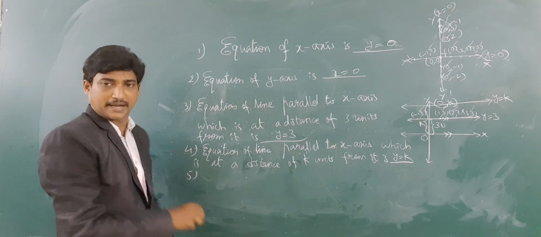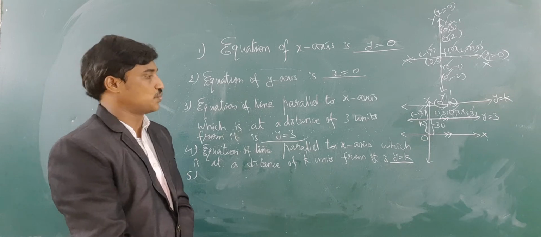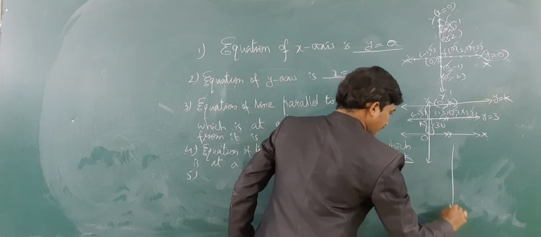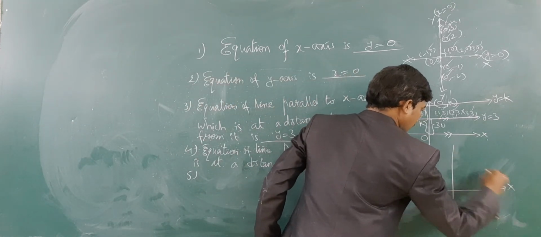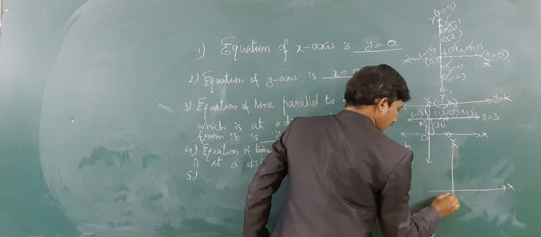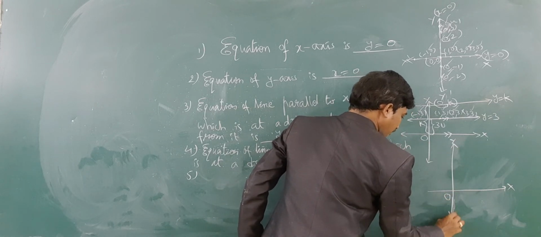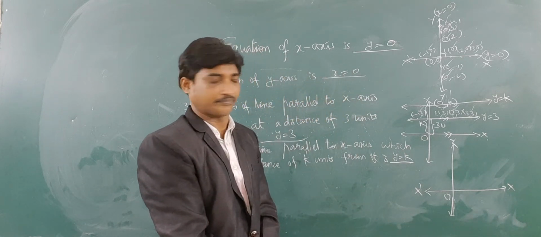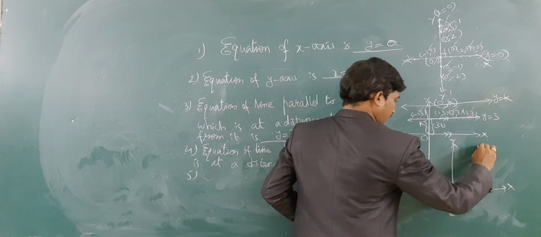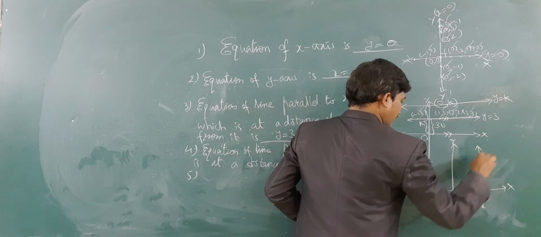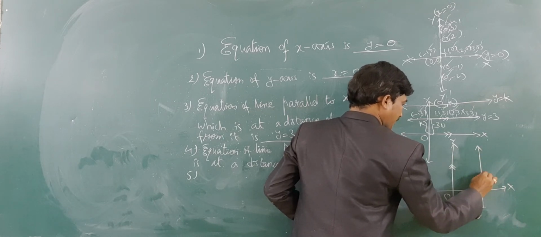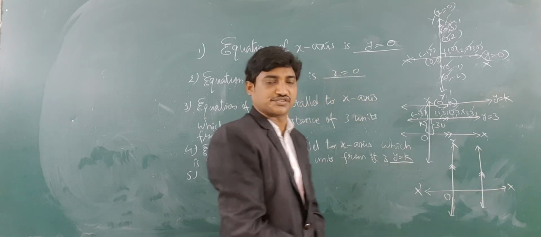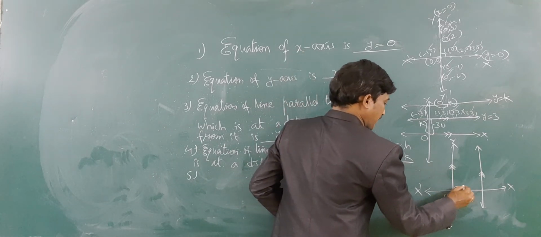Equation of line parallel to y-axis which is at a distance of k units from it.